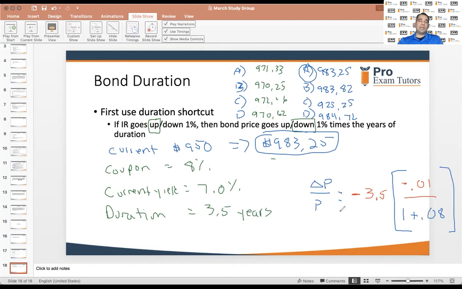So what does it come up with? We estimated the increase in the price to be 3.5%, correct? And what does the formula tell us? Did you guys get 0.0324 based on our formula?